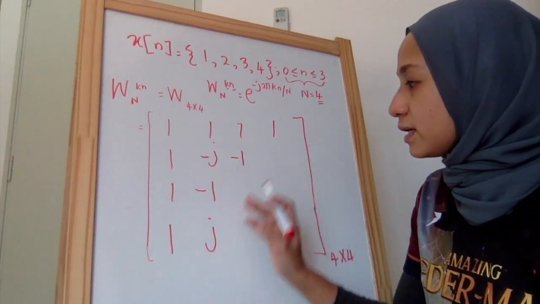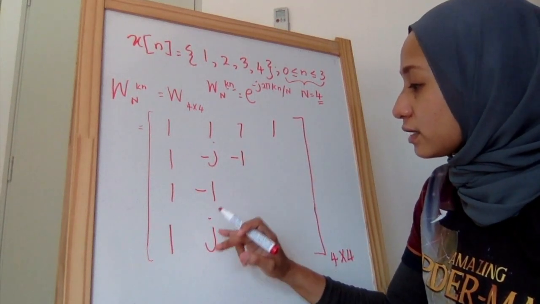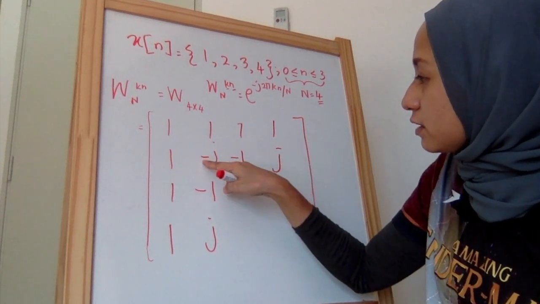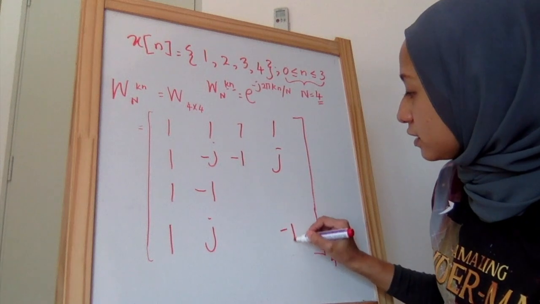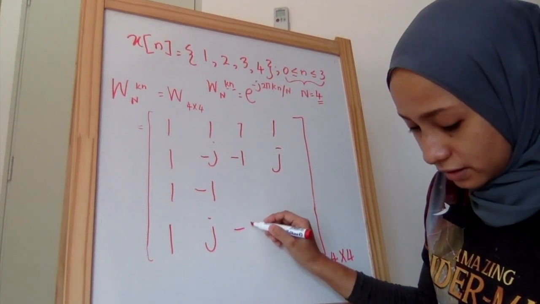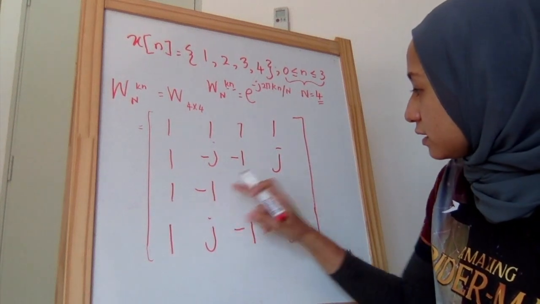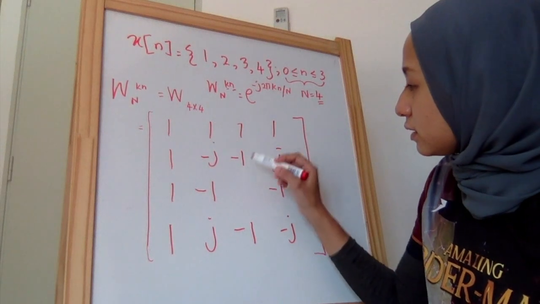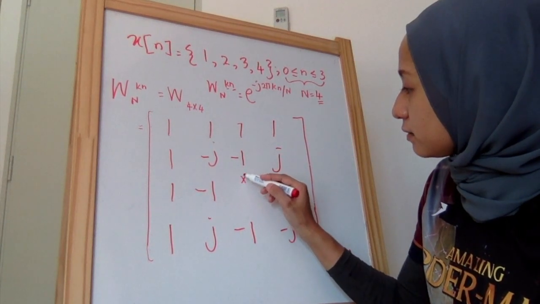We have symmetry. Remember the symmetry? Symmetrical of j is here. Symmetrical of minus j, you put here. Symmetrical of minus 1 is here. Symmetrical of here is here. So we have our symmetrical point here.